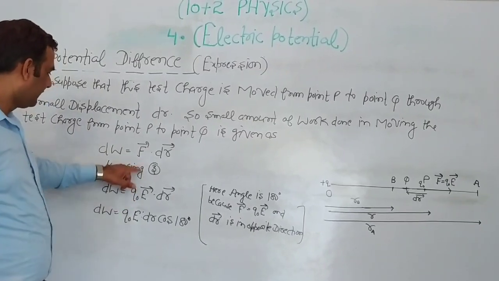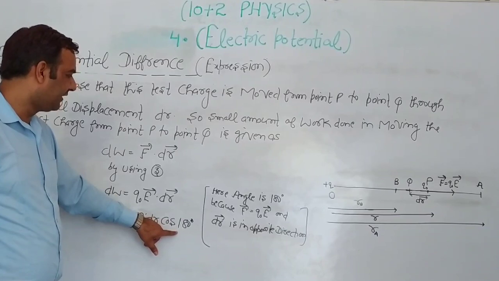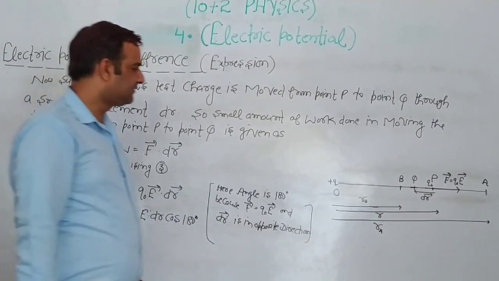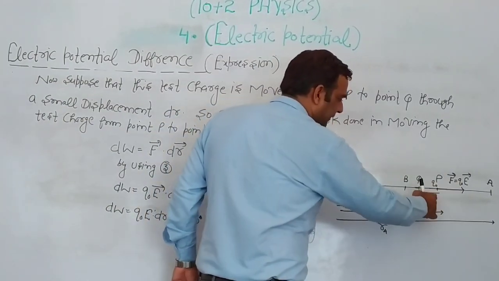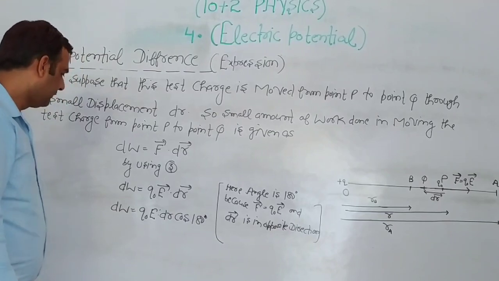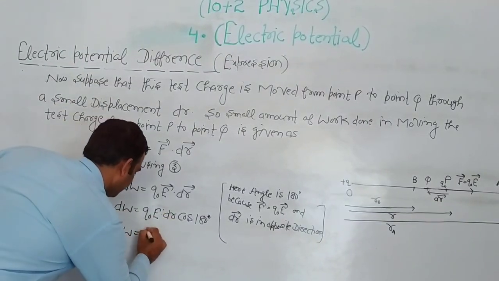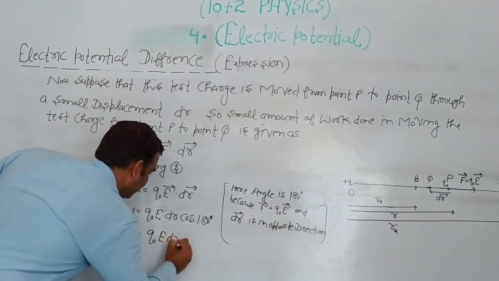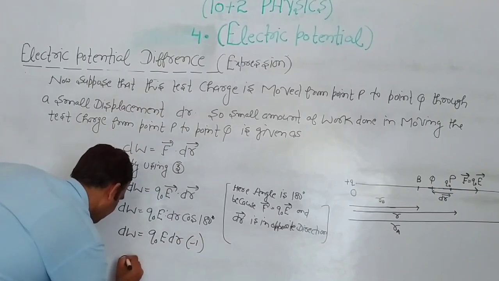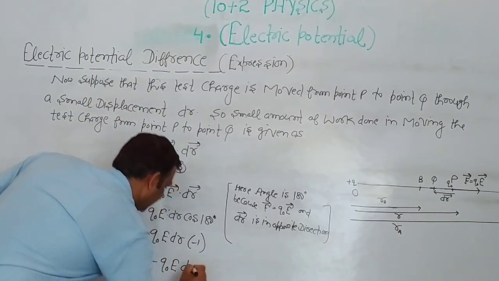Q naught E into dr. Q naught E dr cos 180 degrees. Here the angle is taken as 180 degrees because this force and displacement are in opposite directions. So dW is equal to Q naught E dr cos 180, and what is the value of cos 180? Minus 1. This dW is minus Q naught E dr.